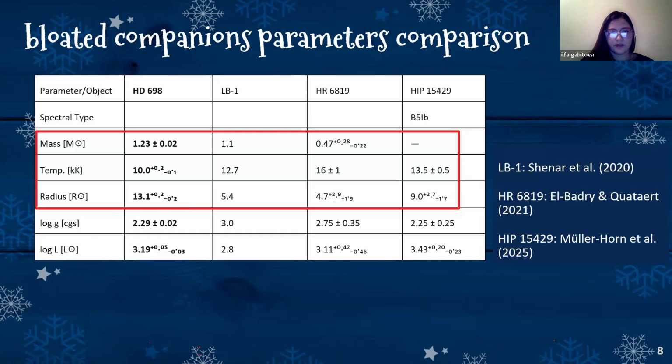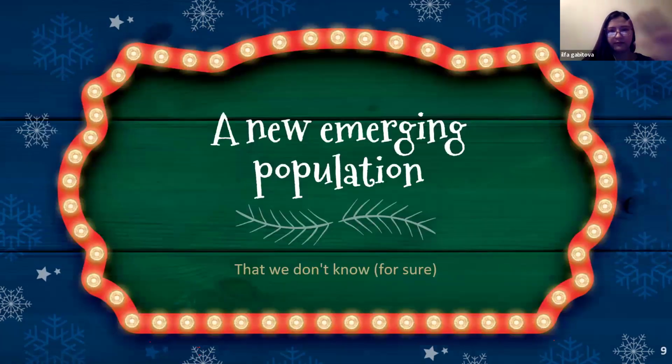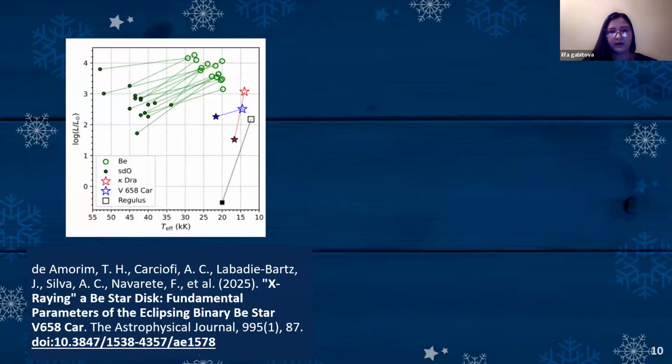So let's put it in the context of the population of B binaries. This plot is from recent work that researched V658 Car, which is the second confirmed B+sdB binary, second to Kappa Draconis.